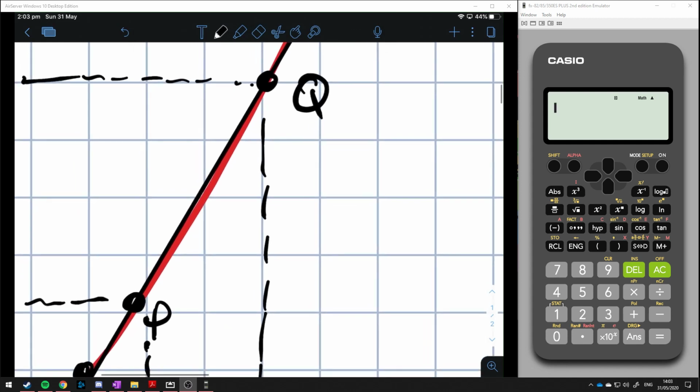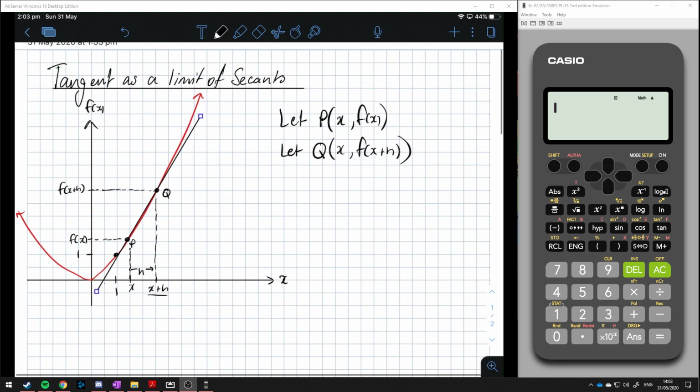Now, what we are going to do is take the gradient of this secant. The gradient of this secant is just the rise over the run. It's going to be this vertical rise between P and Q, and this horizontal run between P and Q. Our rise is just the difference between f of x plus h and f of x.